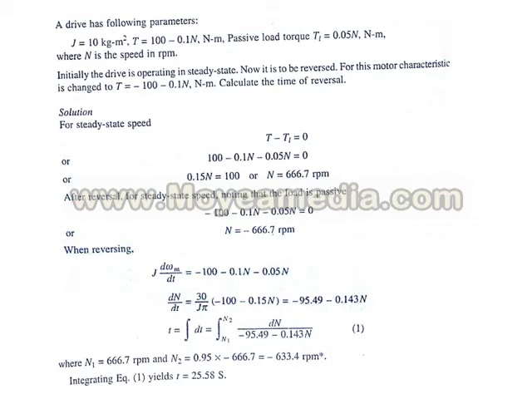If it is 100% of the final steady state speed, you will not get your answer. Because transients are assumed to be over when the response reaches about 95% of the final state, you can use the formula N2 equal to 0.95 into minus 666.7 to get a valid answer.